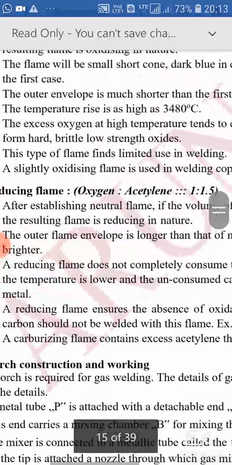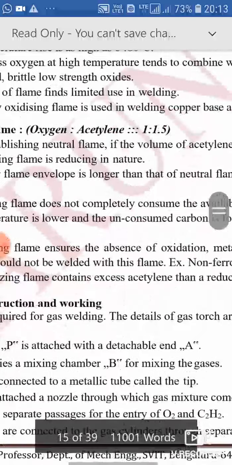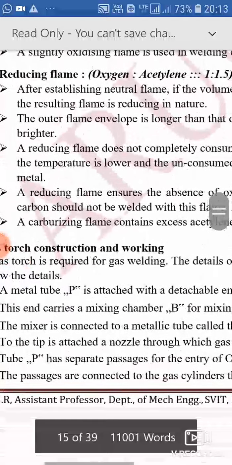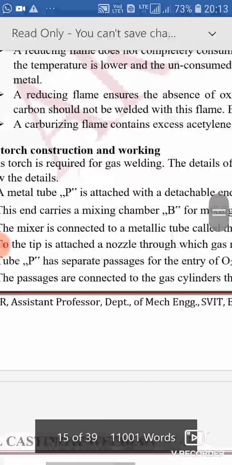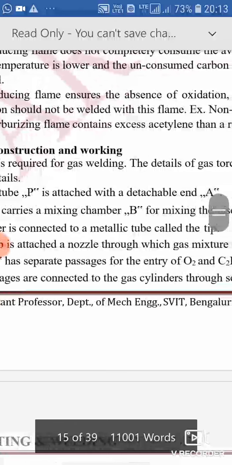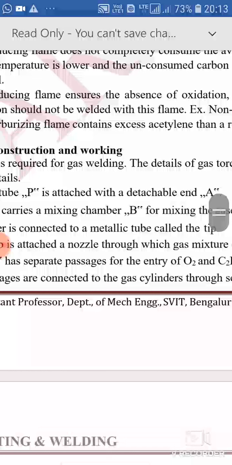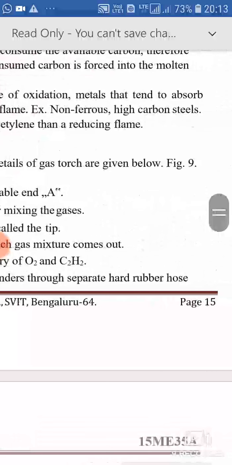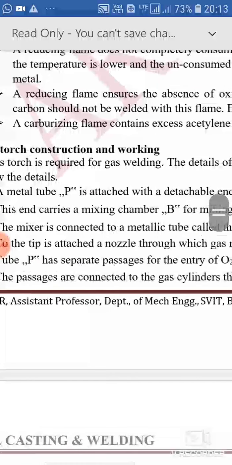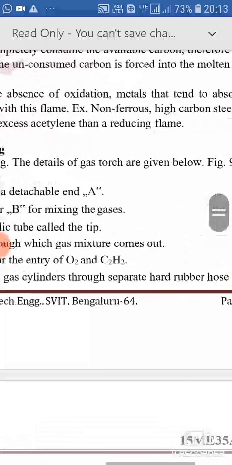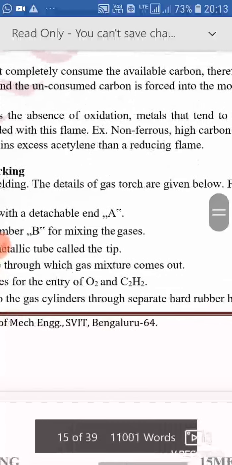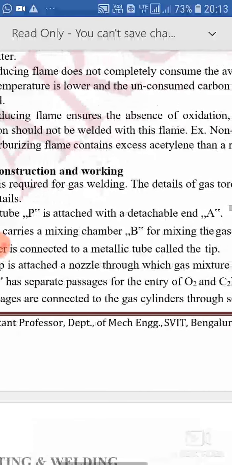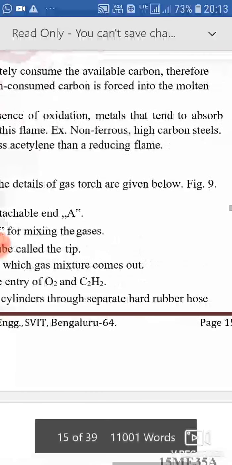Therefore, the temperature is lower and the unconsumed carbon is forced into the molten metal. A reducing flame ensures the absence of oxidation. Metals that tend to absorb carbon should not be welded with this flame, for example non-ferrous metals or high carbon steel. A carbonizing flame contains excess acetylene compared to a reducing flame.